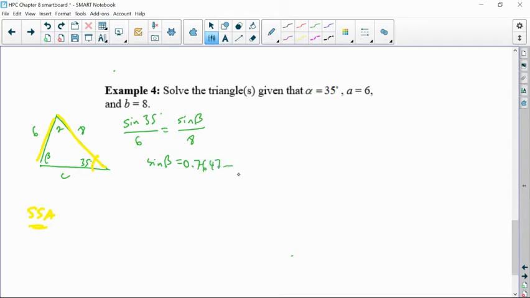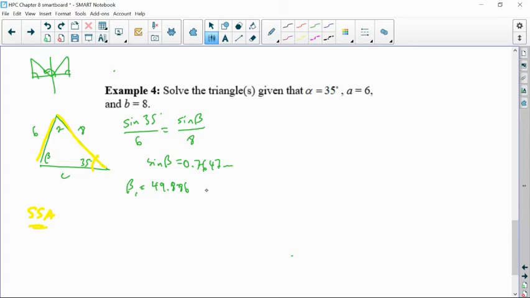And remember, there are two possible places in the unit circle that could have that ratio of 0.76 something, like it's positive. So it's either in quadrant 1 or it's in quadrant 2 as a reference angle, which means I'd have to do its supplement. So I'm going to get two different betas. So the calculator beta, if I do inverse sine of that ratio, the calculator is telling me the beta is 49.886.